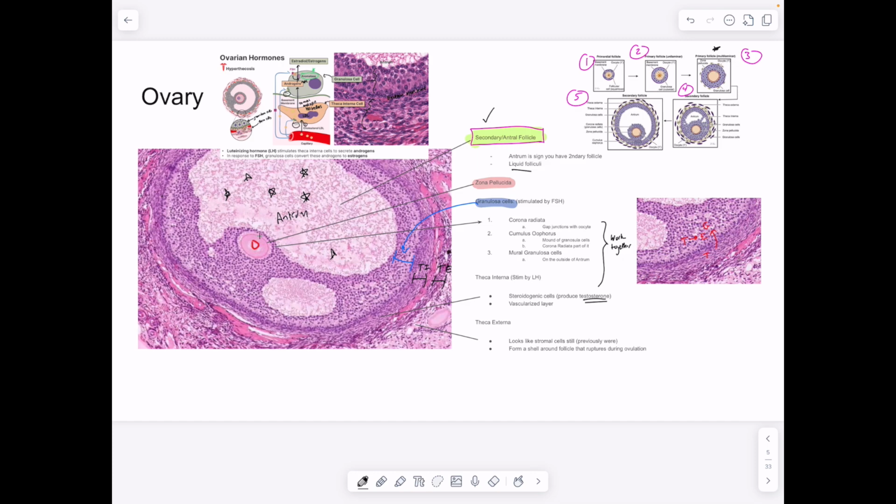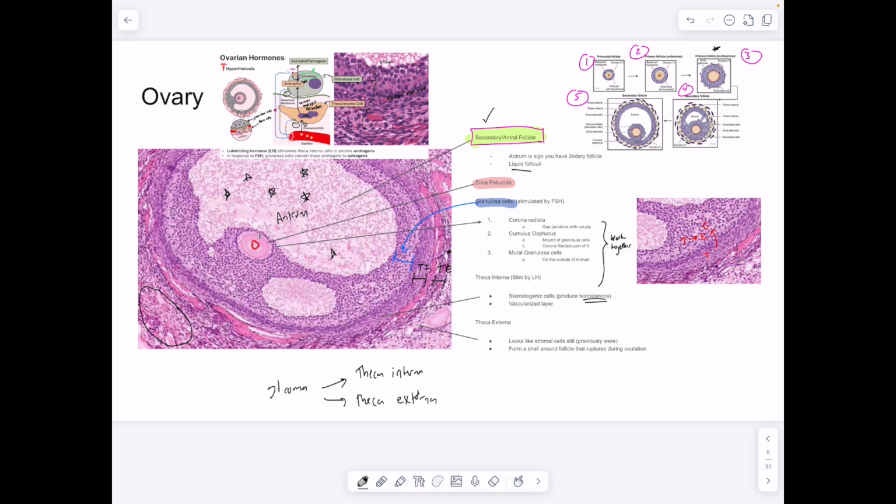And so, during this and with the production of estrogen, you also have the stroma that has been outside of the follicle starting to differentiate, and so the stroma is going to become theca interna and theca externa, all right?